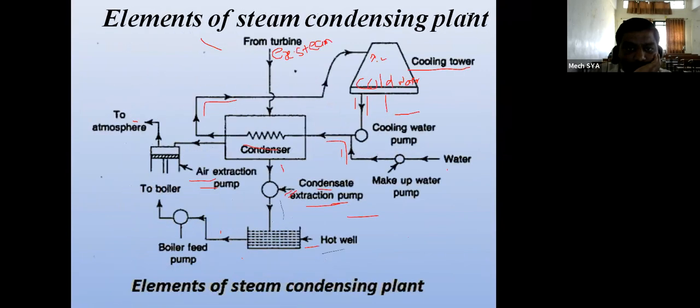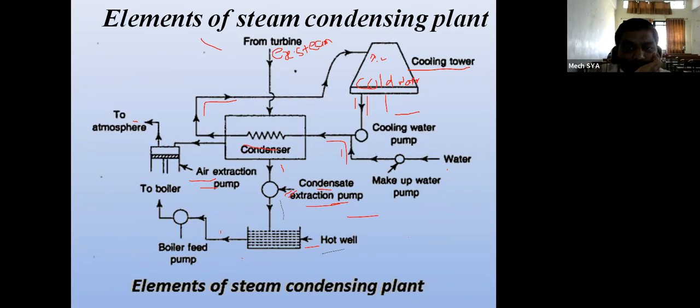Wherever less water is available, we make this kind of cooling tower arrangement. If the amount of water for cooling purpose is available in abundance, then we neglect the cooling tower, and only use water from the river, and we are not reusing that water.